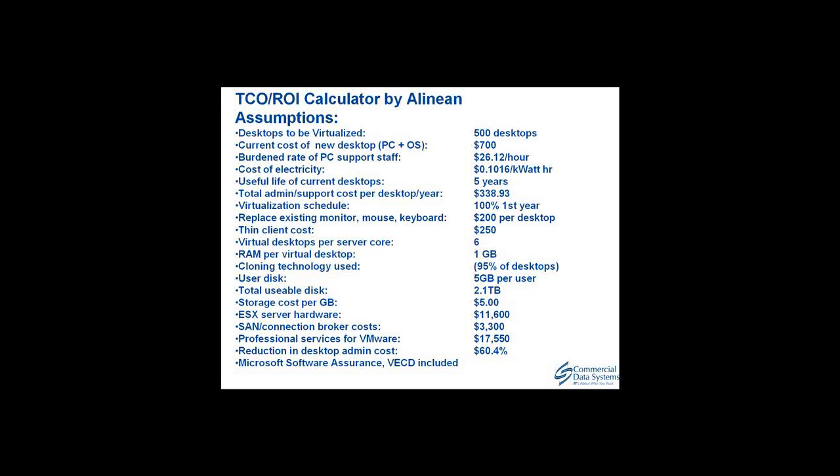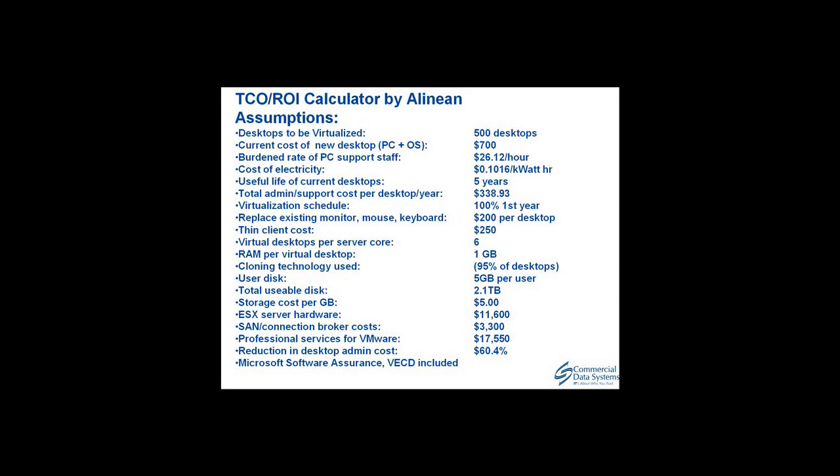One of them I did change was the current cost of a new PC. Their assumption was $1,000. I decided to make that more conservative and make it $700 per PC. We're looking at 500 desktops, and that can be a combination of either administrative desktops or classroom desktops. And some of the other key assumptions that we made was that we're only modeling the benefits of desktop virtualization.